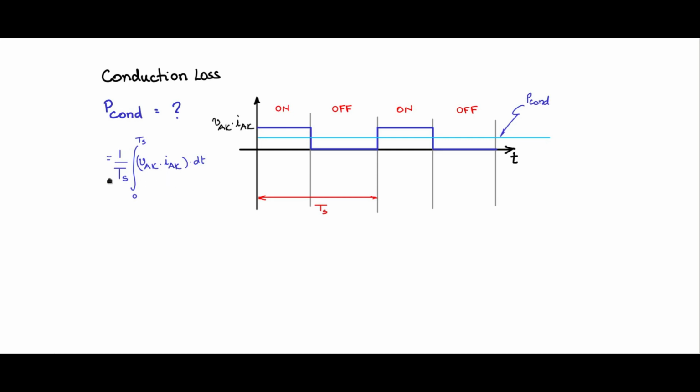Let us now use this equation and analyze further to obtain the conduction loss. So during the on state, what is VAK? What is the anode to cathode voltage across the diode? For this, let me use the static characteristic, the piecewise linear approximation. This is IAK, this is VAK.